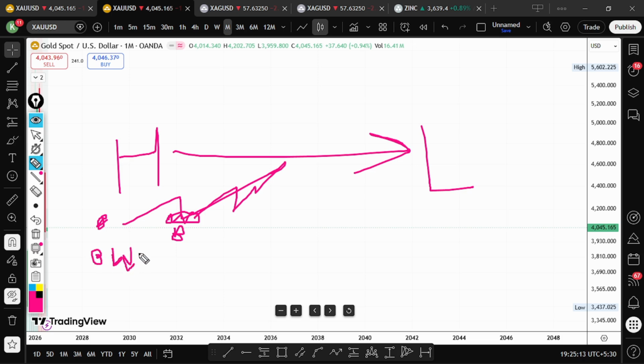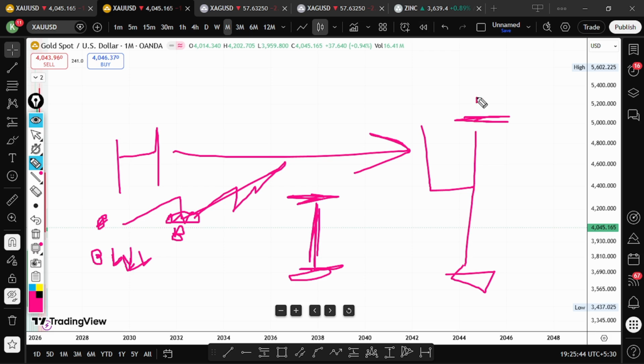The noise that big players, algo traders and big firms create on the lower time frame involves little money. Moving gold by $1 takes little money on a lower time frame, but moving gold from 4,000 to 5,000 on the higher time frame takes a humongous amount of money that no single player has.